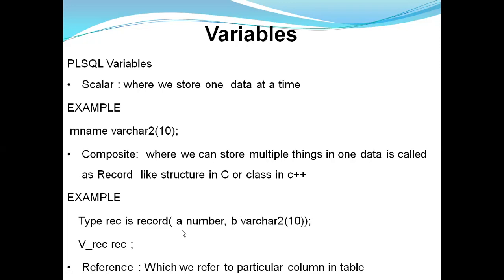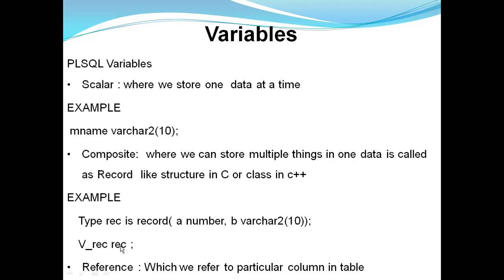Simple here. Once the type is created or declared, you have to declare that particular variable with that type. Now I say vrec, data type will be rec. Here m name, data type is varchar2 10. Instead of this, we are using this data type.